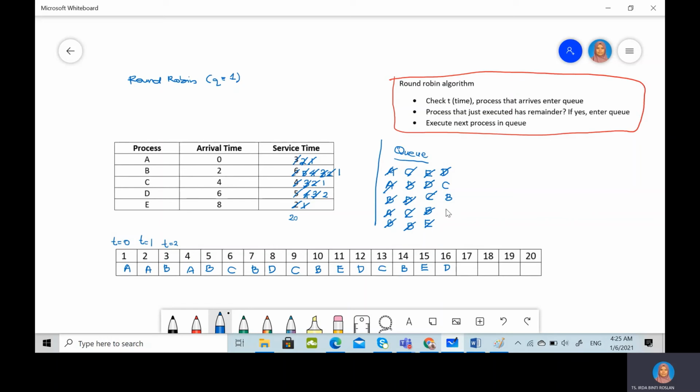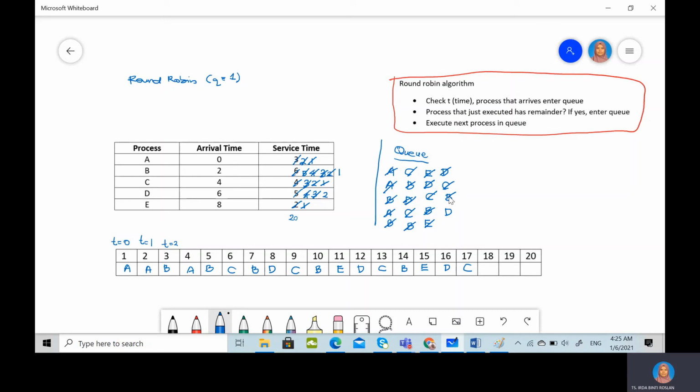Yes, another 2, so put it in Q. Next, we run C. C, any remaining service time? No more. So C already finished.